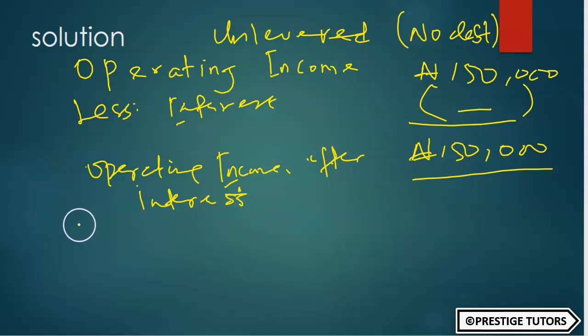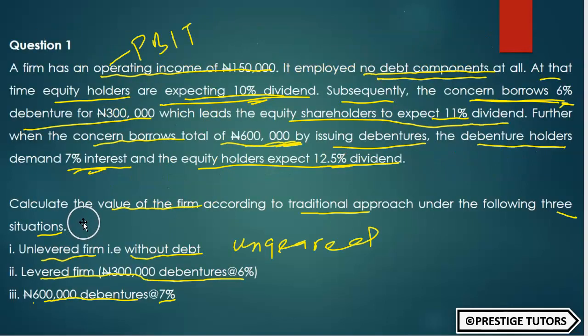The question says we should calculate the value of the firm. Don't forget that it says we should calculate the value of the firm. How do you calculate the value of the firm?